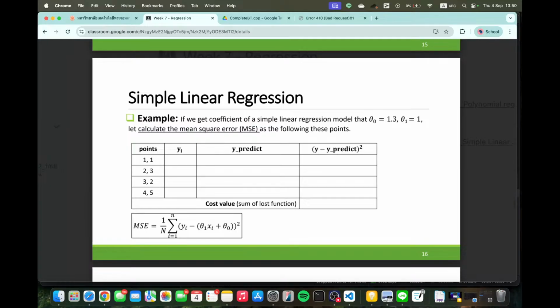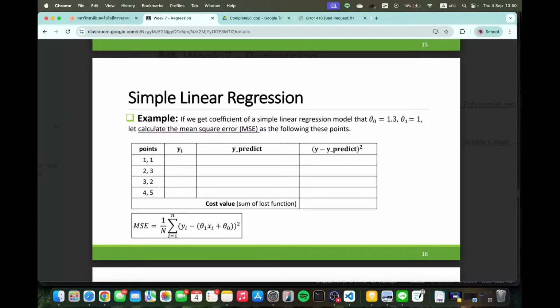Because if the mean square error is 0, it means your model is very good, the best one. But in the real case, if it's not perfectly linear, you cannot get the mean square error as 0, but we will get the mean square error as close to 0 as possible.